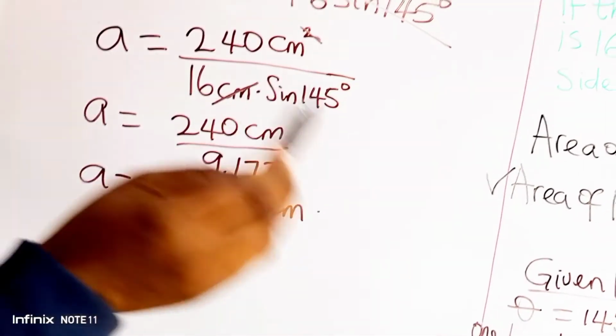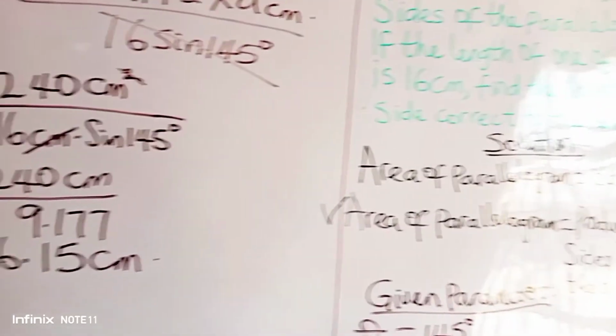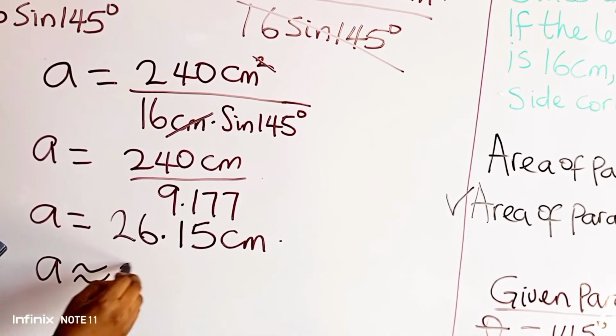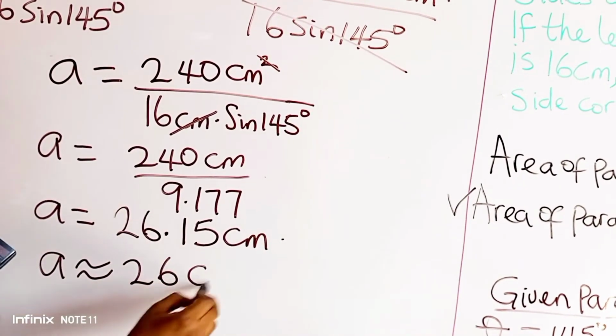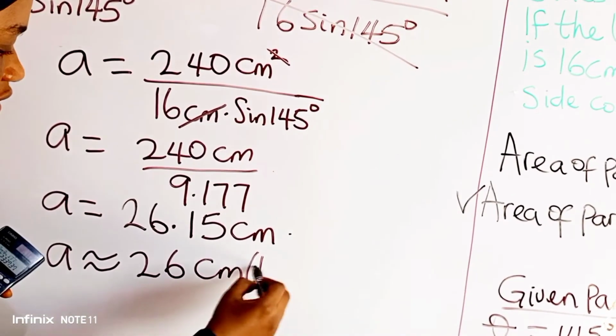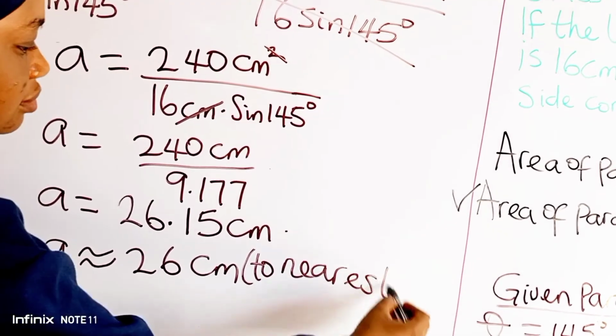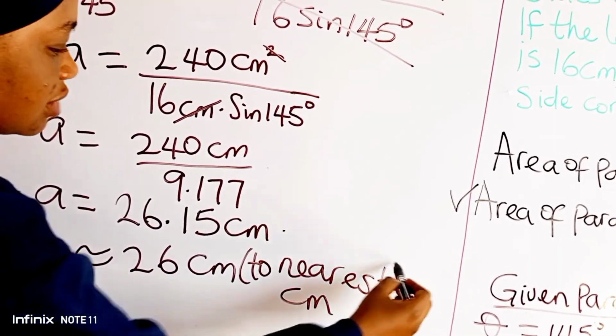So find the length of the other side correct to the nearest centimeter. So A can now be approximately 26 centimeters to the nearest centimeter.